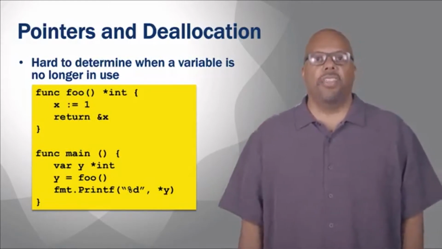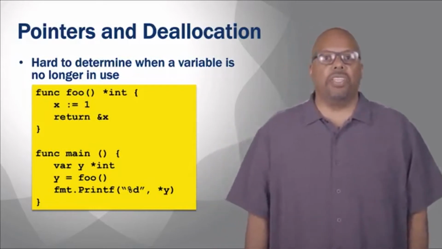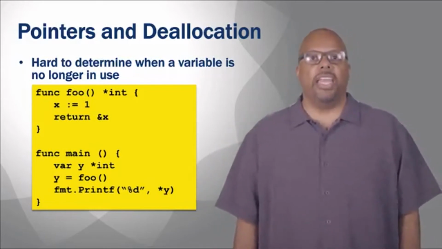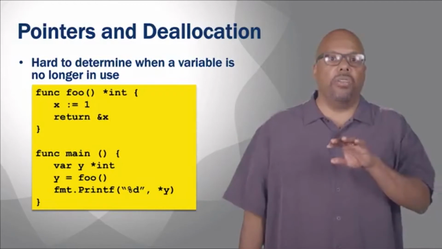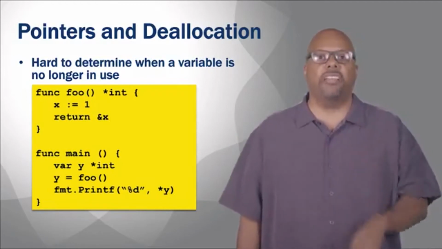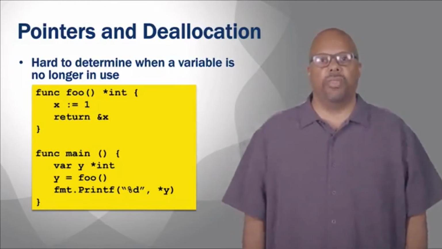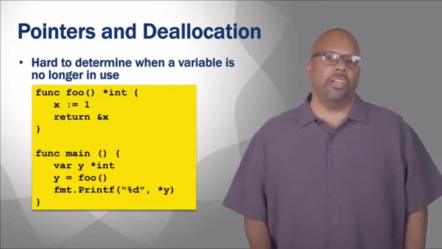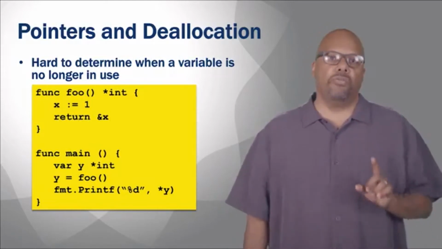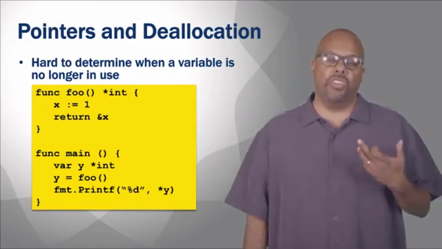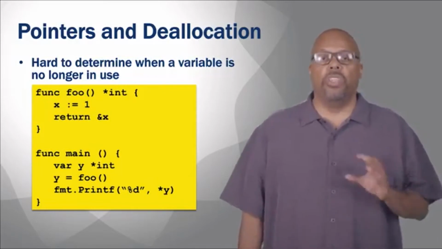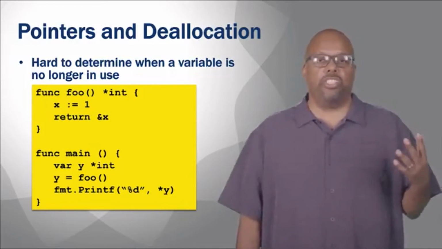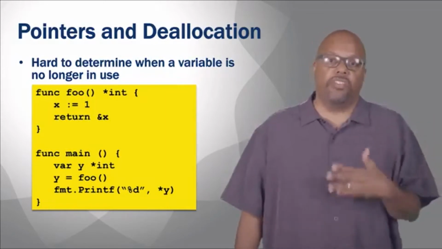Now in the main function down below, the main function calls foo, and the return value of foo gets assigned to a variable in the main function. So the trick here, the confusion here, is that normally if you declare a local variable x, when the function ends, that variable x should be deallocated, right? You're done with it because the function is done with it.